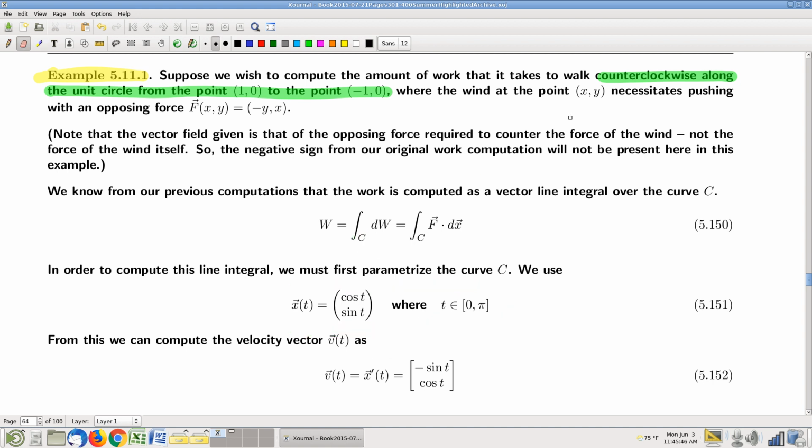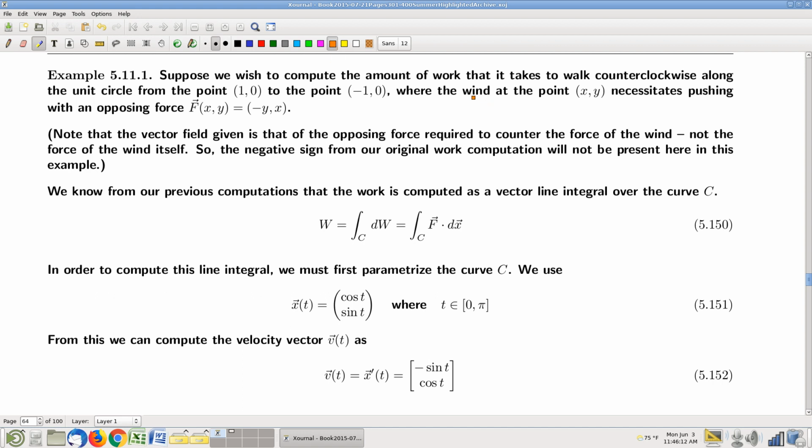Next, let's talk about the integrand real quick. You do always have to worry about whether you need to stick a minus sign in there. Physics has this annoying feature of, are they telling me this force, or are they telling me this force? So it's all in the phrasing of the question.